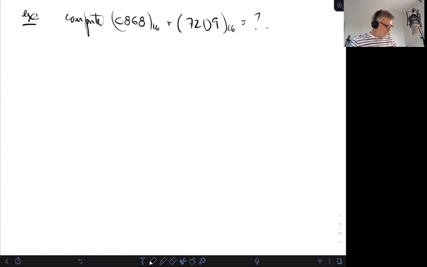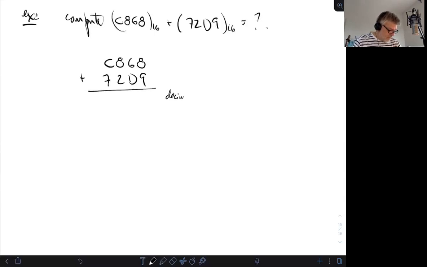Okay, so it's the same principle always, except technically we have to be careful here because numbers are a little bigger. So I'm going to do this extra step here, or extra steps if you wish. 8 and 9 is 17.